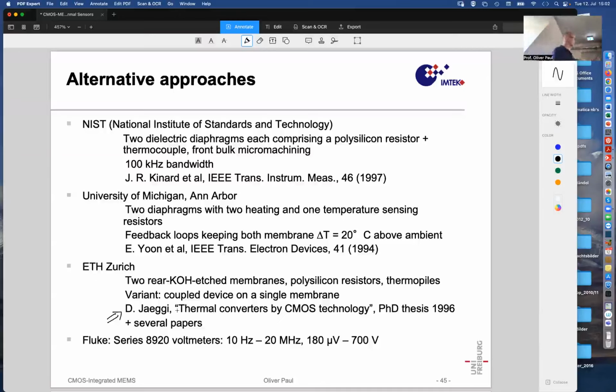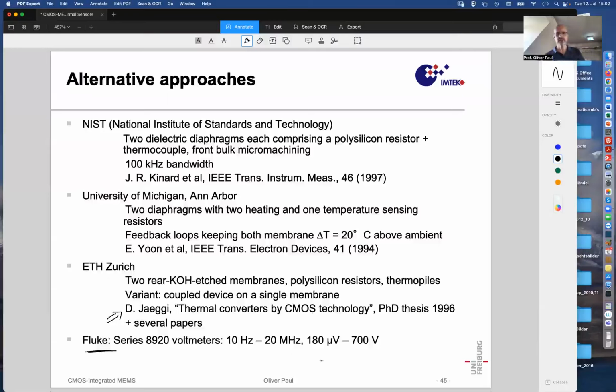He also did another version with one big membrane with two heaters, and this was a more complicated control system. But anyway, that was okay. And as I said, Fluke has some voltmeters that implement such a thermal principle with micromachined thermal structures.